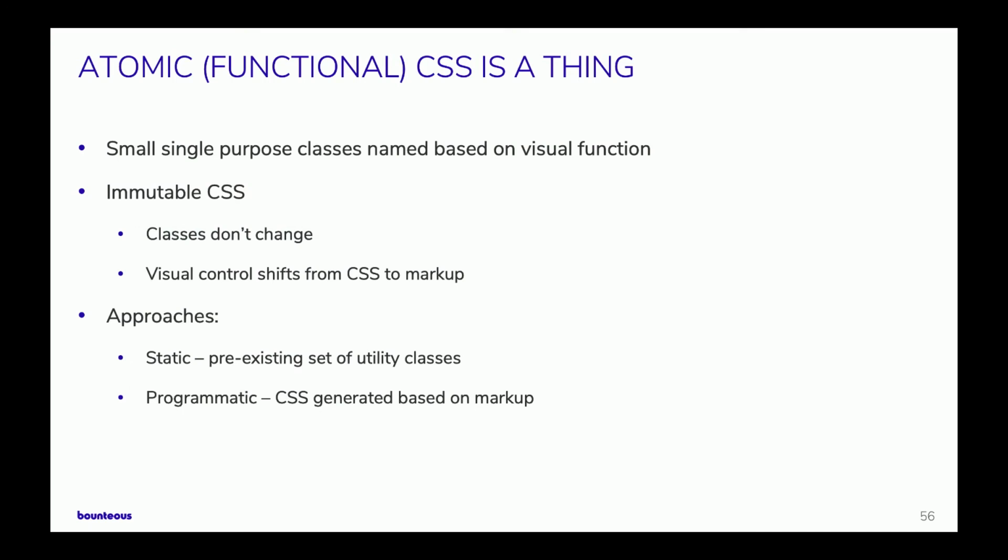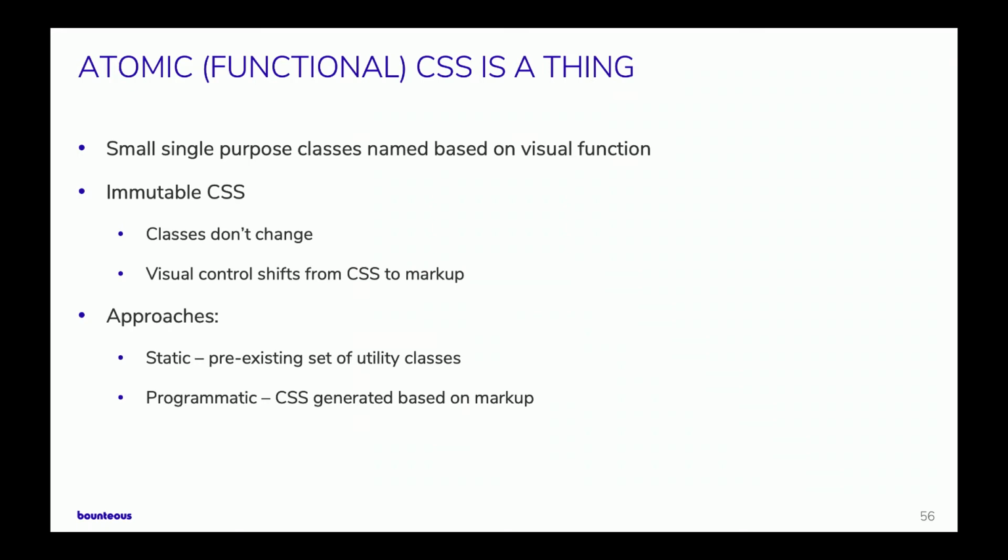But another trend in the styling world that I think is worth talking about a little bit is the idea of atomic or functional CSS. So this is a very different approach, but does also kind of override some of the things with inheritance and the Cascade in some ways.